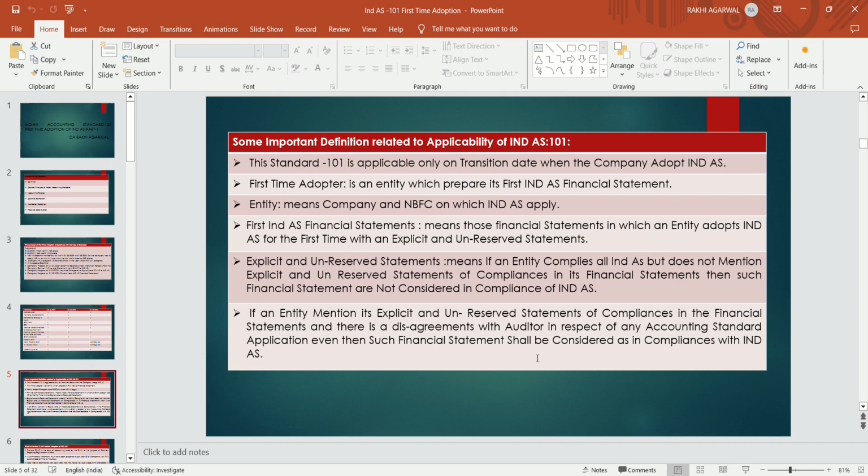So if they are not mentioning the unreserved and explicit statement, then it will not be complied with Ind AS. But if it is mentioned that the financials are prepared as per explicit and unreserved statement, then it will be treated as complied financial statement as per Ind AS, even if the auditor disagrees with the application.